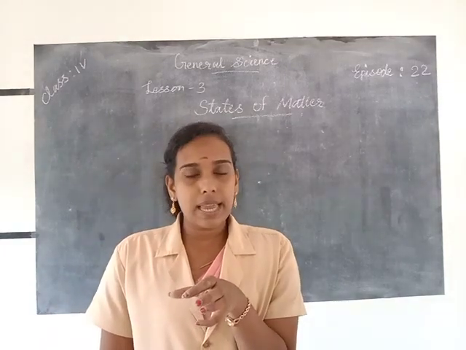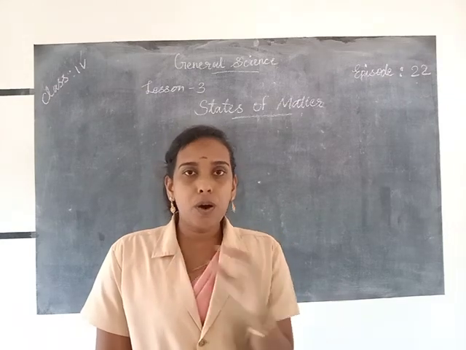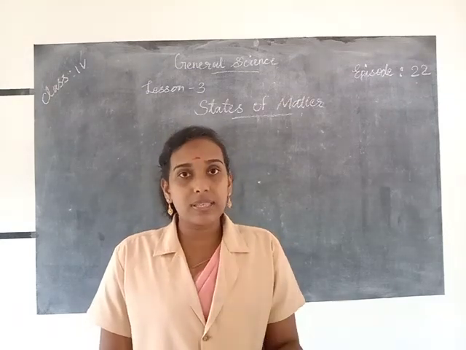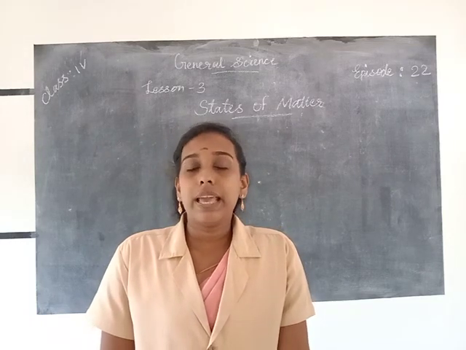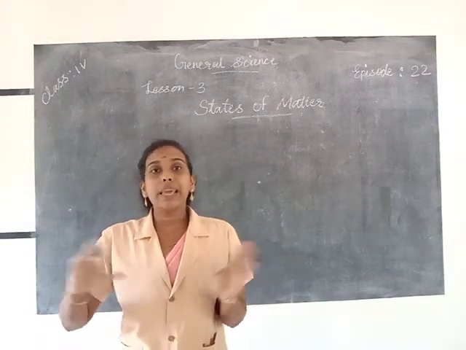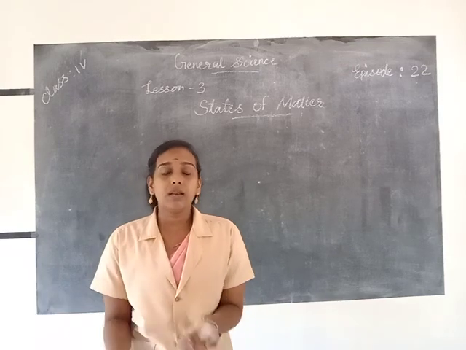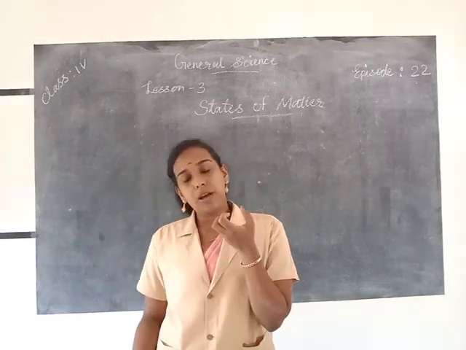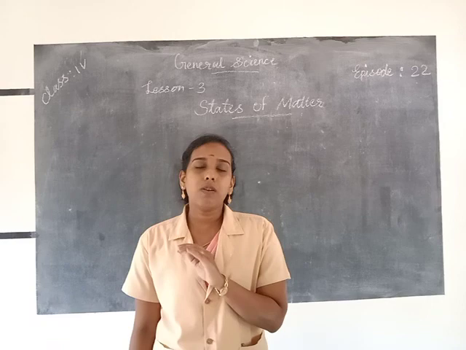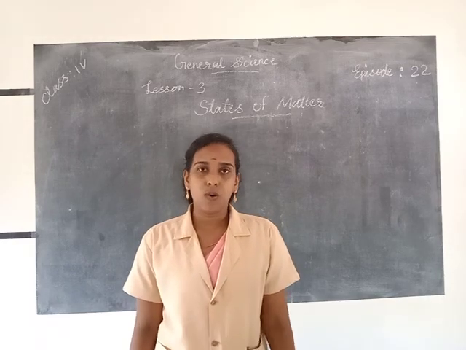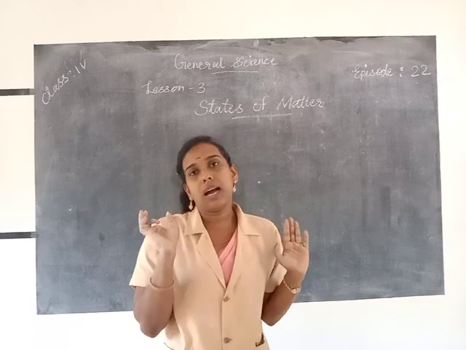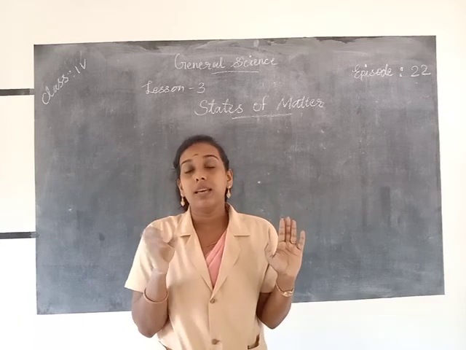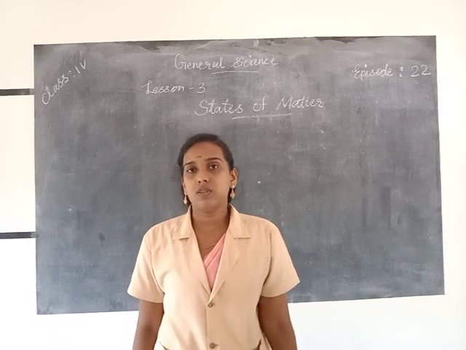And in gaseous state, the molecules have no fixed shape or fixed volume because they are very loosely packed. They are very far apart from each other, so they have no fixed shape or fixed volume. And the liquids take the shape of the container, so they have no fixed shape.